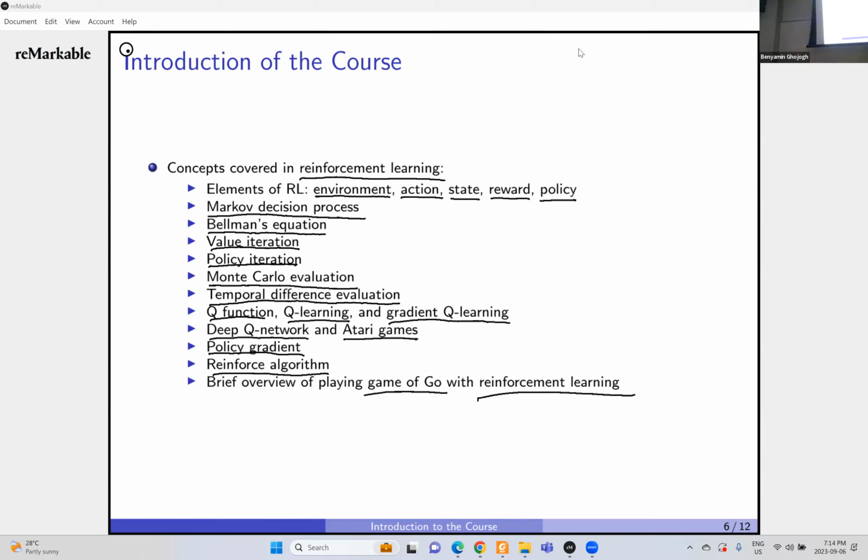Initially the machine learning model will do something wrong. If it is good, I will reward it well. If it is not good, I will not reward it, or I will give it a negative reward. Then it will find out that it should do the correct things.